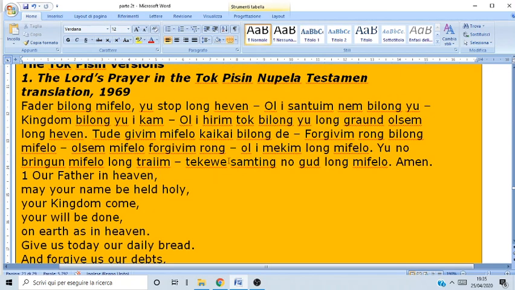The first excerpt, the Tok Pisin version that we're going to look at, is the Lord's Prayer. So while I'm reading it in English, let's see if we can more or less follow along, and see if you can notice the differences or the main characteristics that we've talked about in these texts.